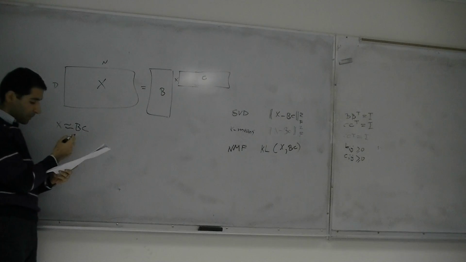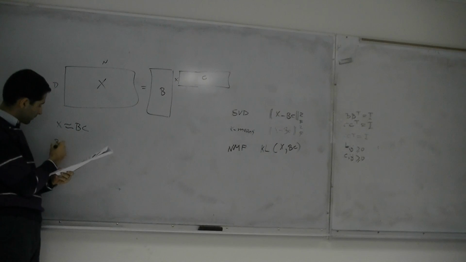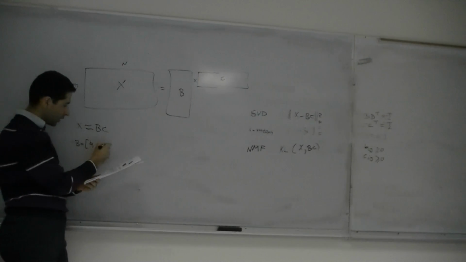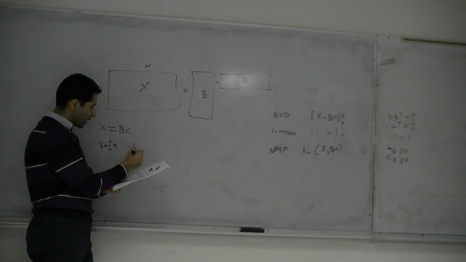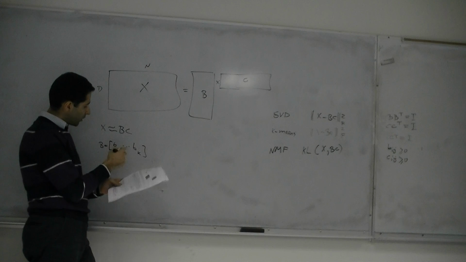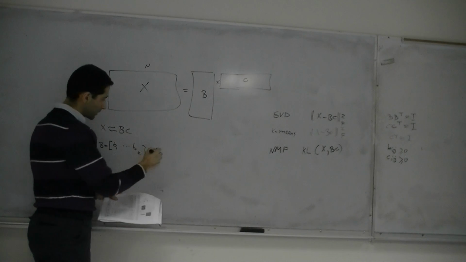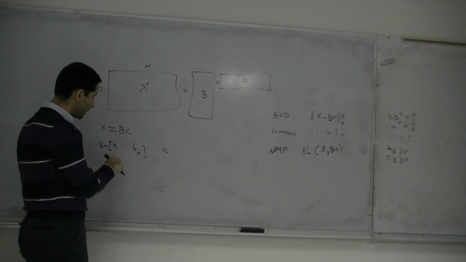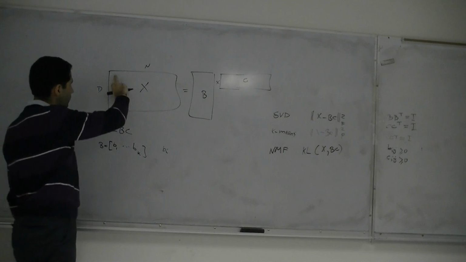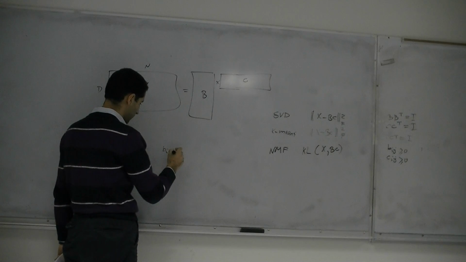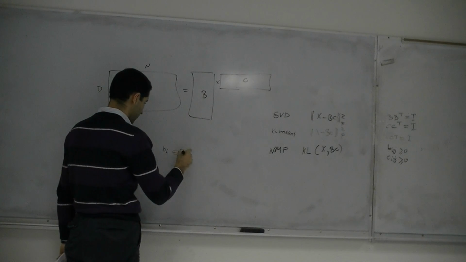For example, B is the matrix whose elements are the columns B1 to BK, and the dimension of each B_i is equal to the dimension of X, so I can write it as R^D.